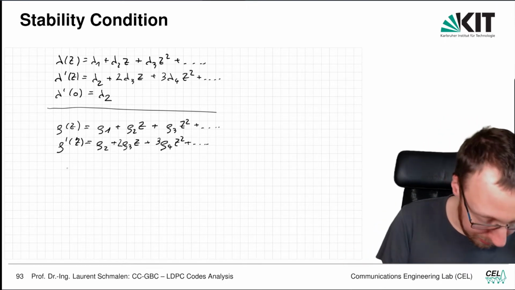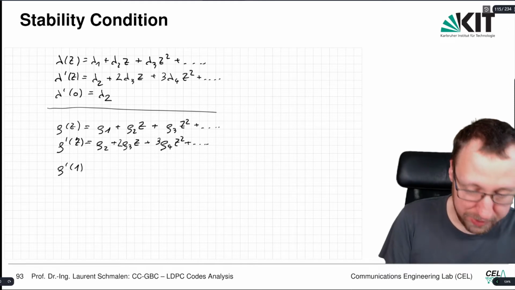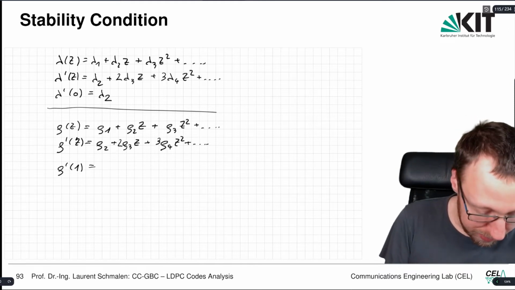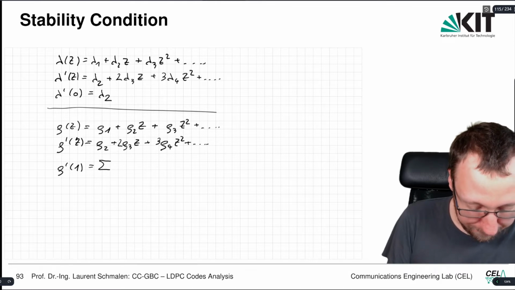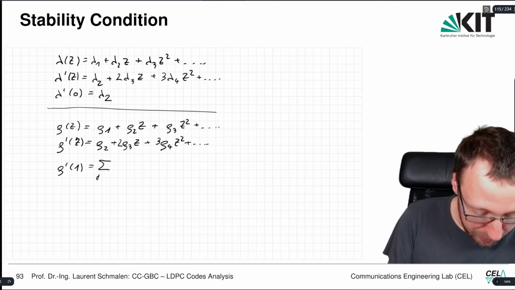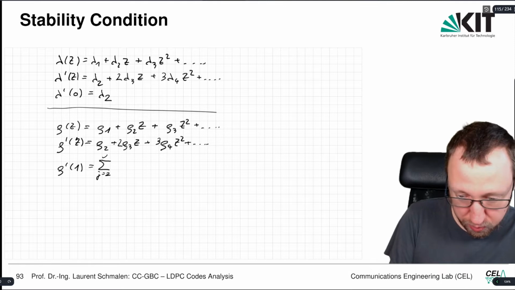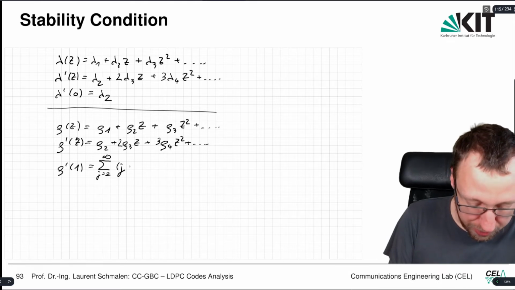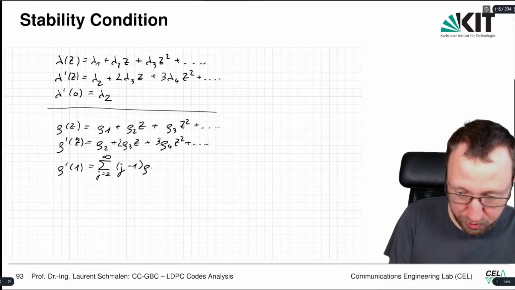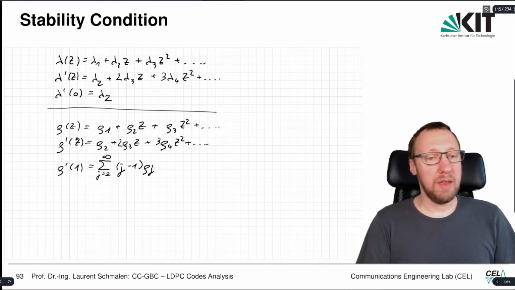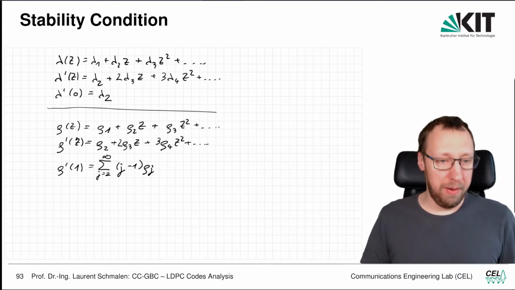We are interested in rho prime of 1, so we insert 1. To do this, we can have an expression. This is the sum from j going from 2 to infinity of j minus 1 times rho j. So that's rho prime of 1.